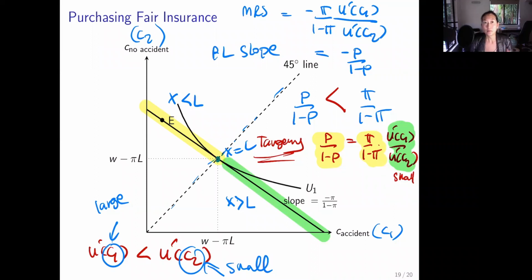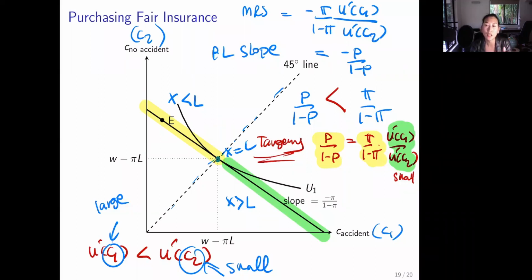Okay, so I finished exactly at 4 p.m. This insurance topic is an application that can be a bit complicated and challenging. If you don't get it the first time, when I'm talking, that's completely normal. You can think about it in your own time and really try to understand it.